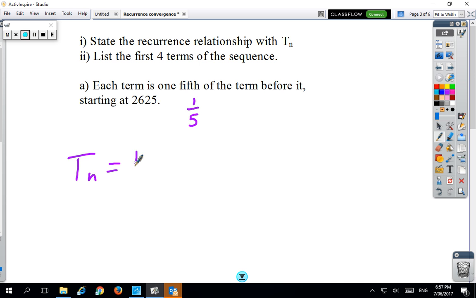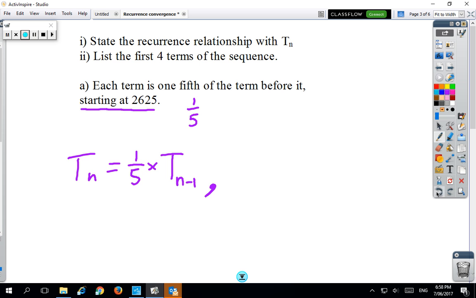So we want 1/5 of the one before it. So this is the term before. So if I'm finding term 2, this will give me term 1. And I want term 1 because they've told us that term 1, the starting term, is 2625.